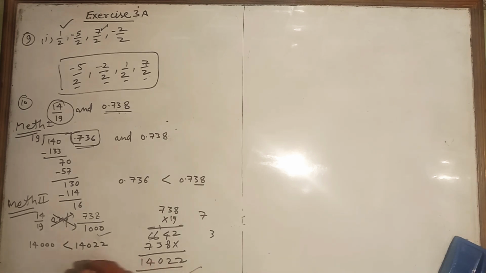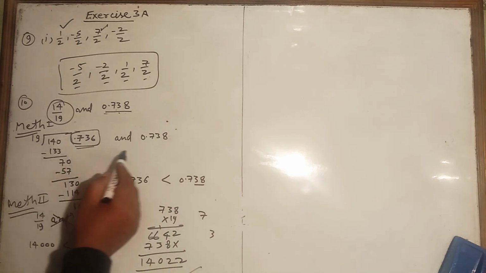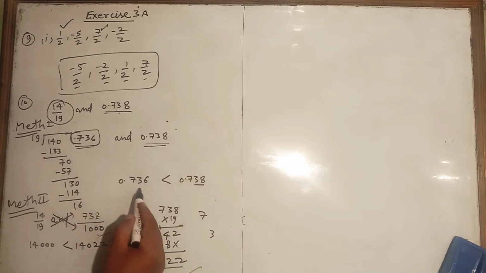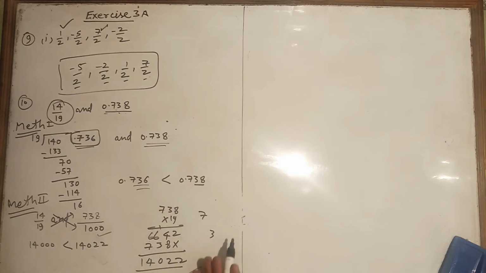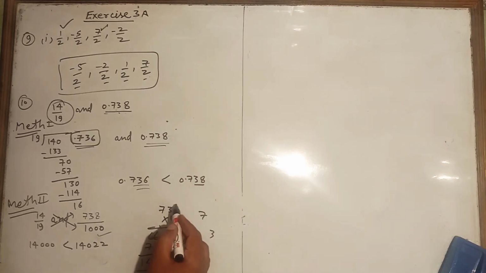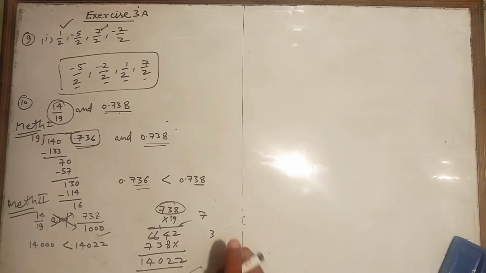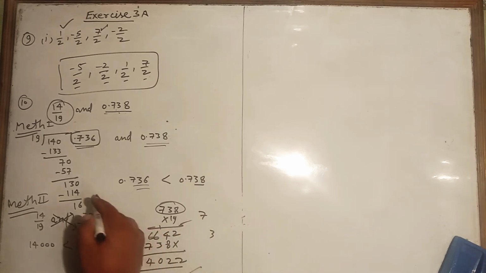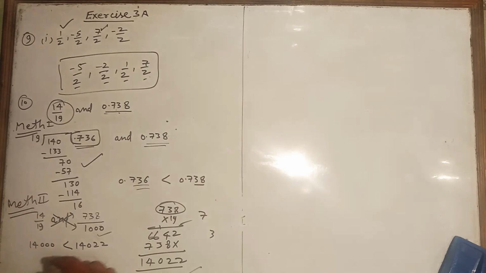Now which process was easier? Obviously after dividing we get our result easily, while here we have to multiply a long, big 3-digit number with a 2-digit number, so it is a long process. So which method is easier? This one will be easier as compared to this one.